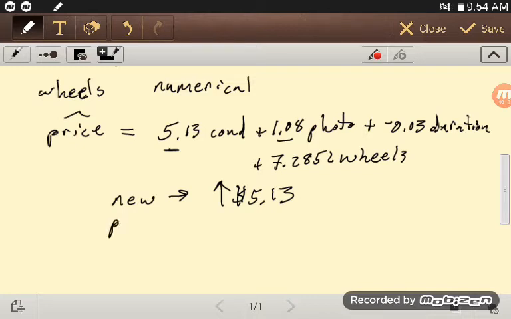And so similarly, the photo says, hey, if you use a stock photo, that's going to get you $1.08.